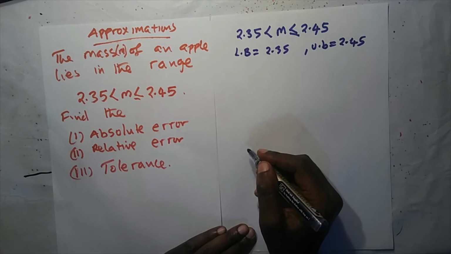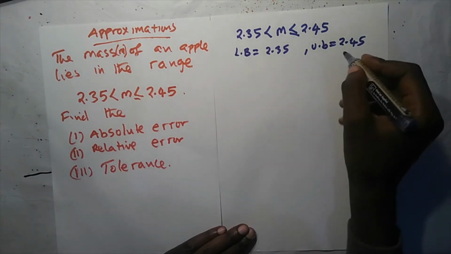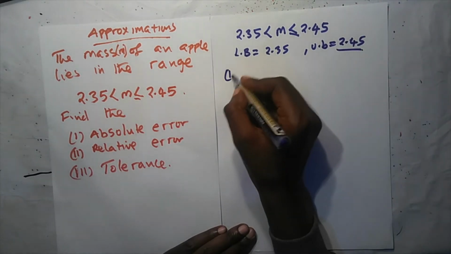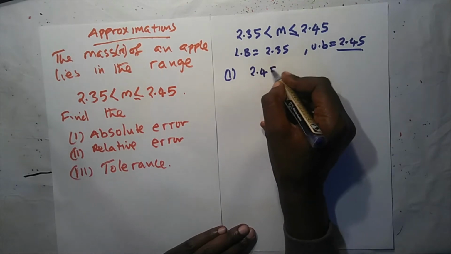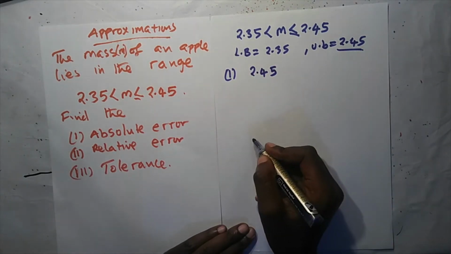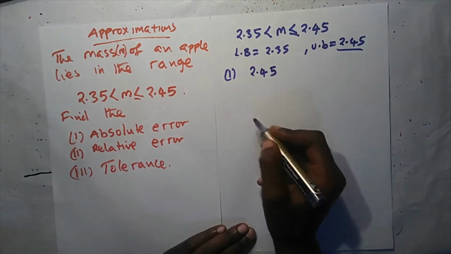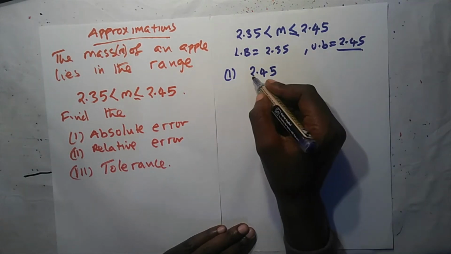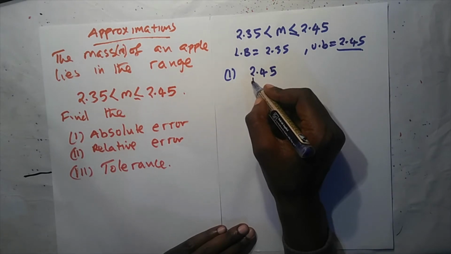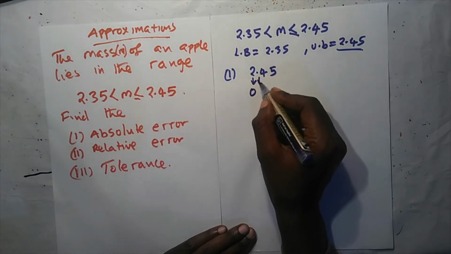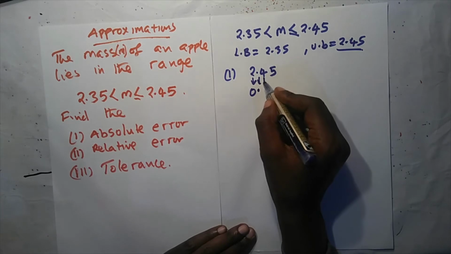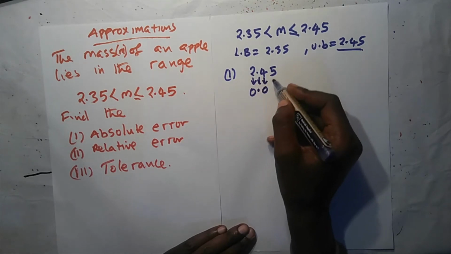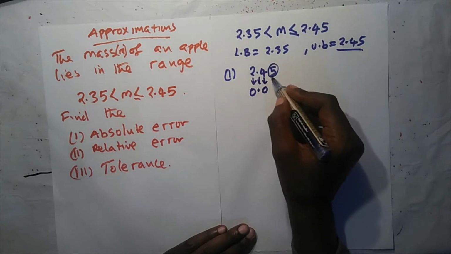For us to find the absolute error, all we do is we just get the upper bound. The upper bound is 2.45. From the upper bound here, we can get the absolute error. All we do is under the first two numbers you put a 0, here you put a point, and then here you're going to have a 0, and then here you bring down the 5.